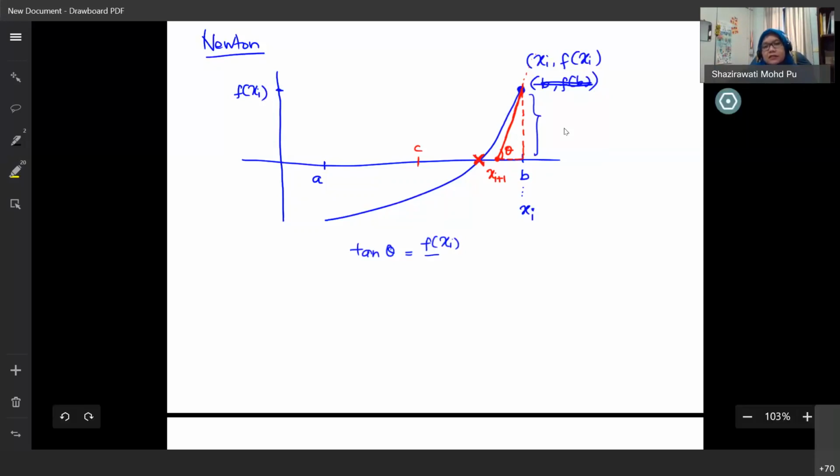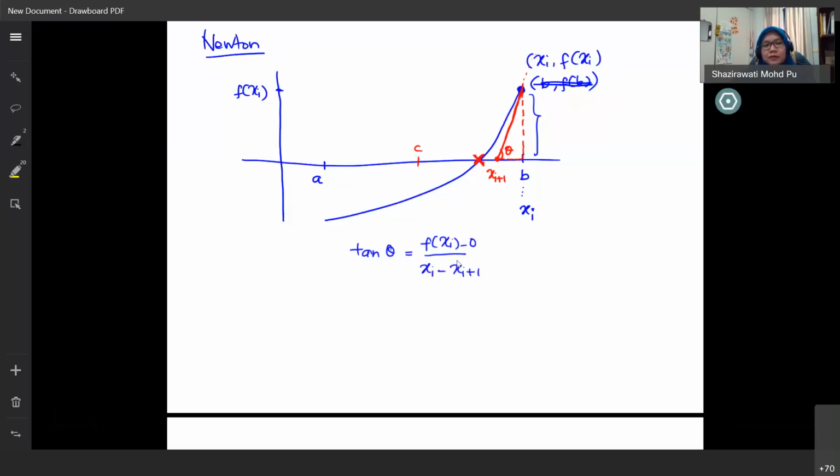Over the adjacent, from the diagram, the length is xi minus xi plus 1. Correct. Now at the right-hand side, this is how you write mathematically the definition of the gradient.